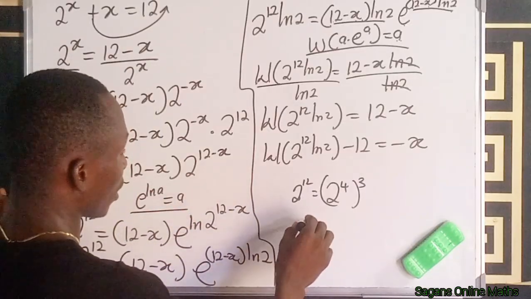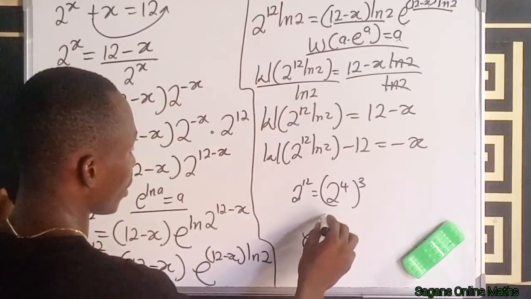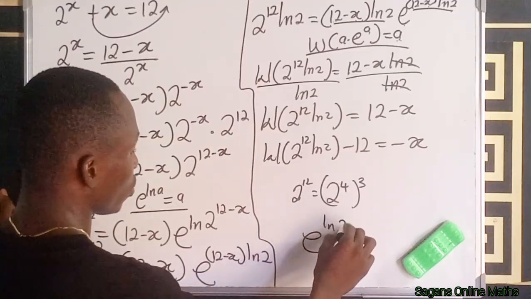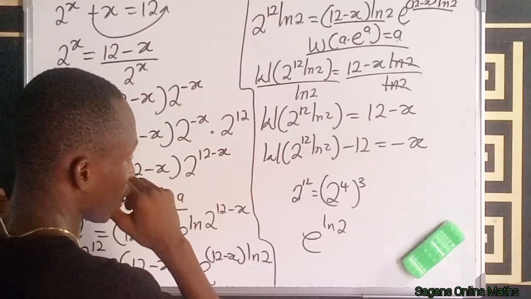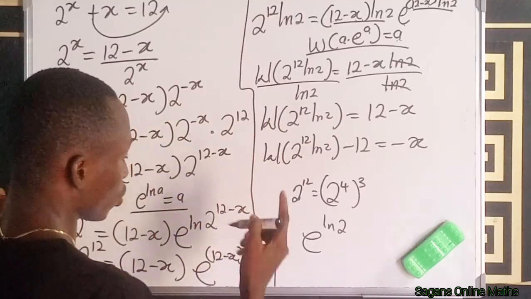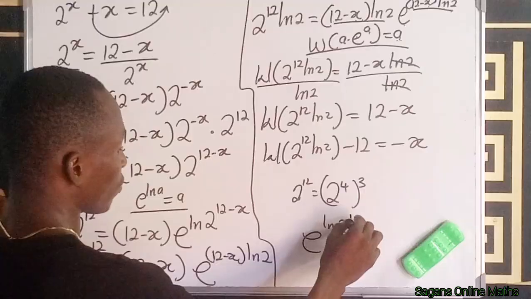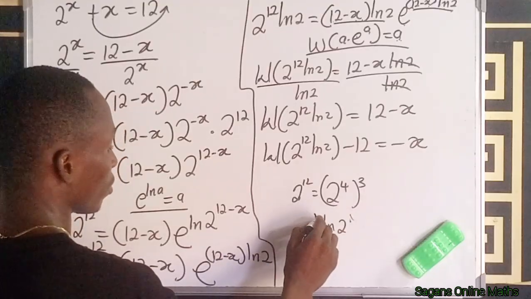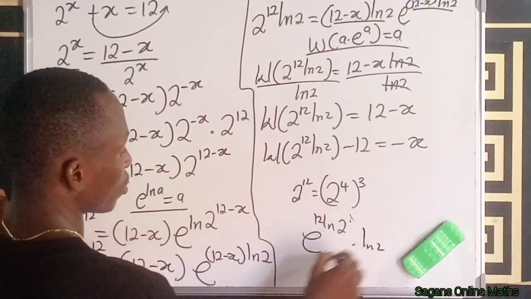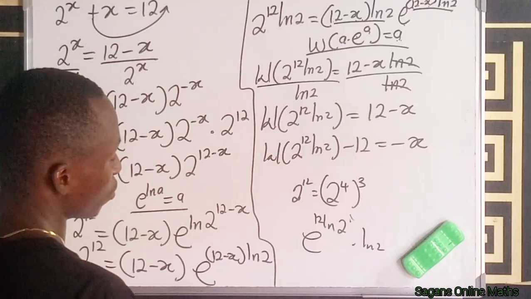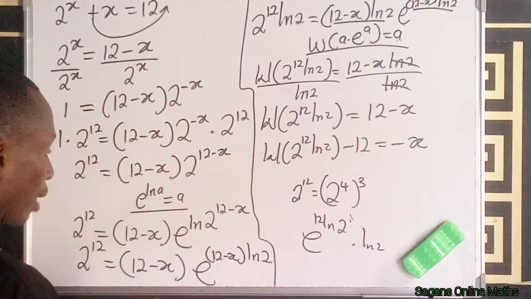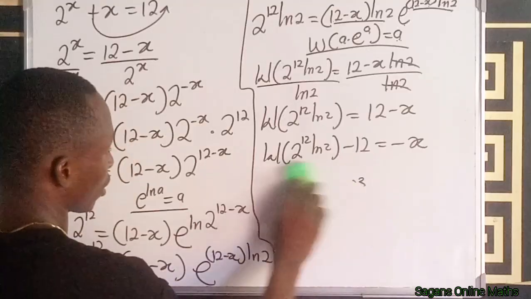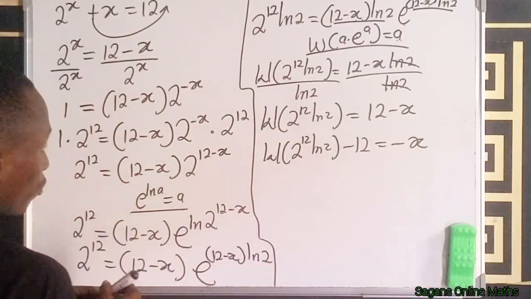So that means e to the power of ln 2, right? I'm trying to do something. ln 2 to the power of 12 here will become 12 multiplied by ln 2. Let me just, I wanted to simplify that, but it wants to give me a tough task. So let me just finish off.